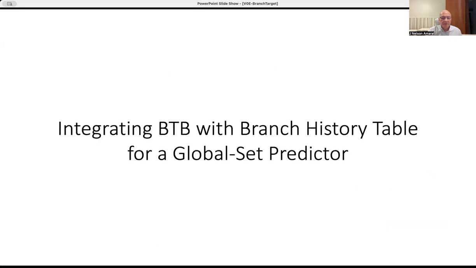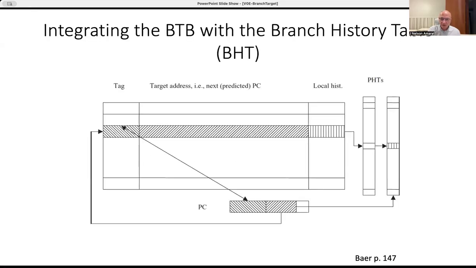The next question is if we should be integrating the BTP with the branch history table in the case that I have a global set predictor. Remember, a global set predictor is one that has a single history, but that history can be indexing multiple PHTs.